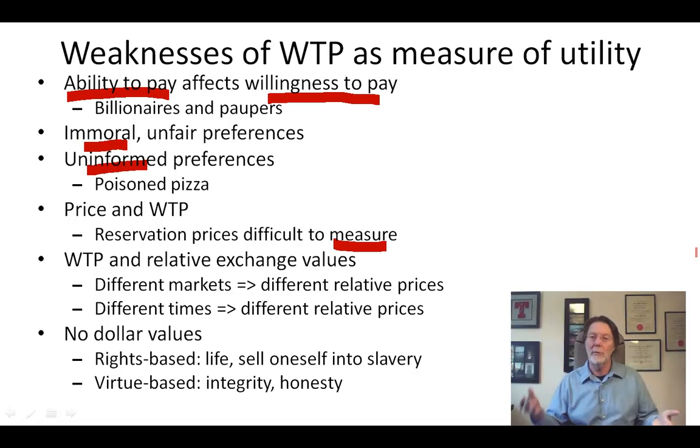And prices and relative prices all change over time. A good example is computers, like this laptop on which I'm working. My first computer in 1985 cost $5,000, and it had 640 kilobytes of memory, not gigabytes, kilobytes of RAM.